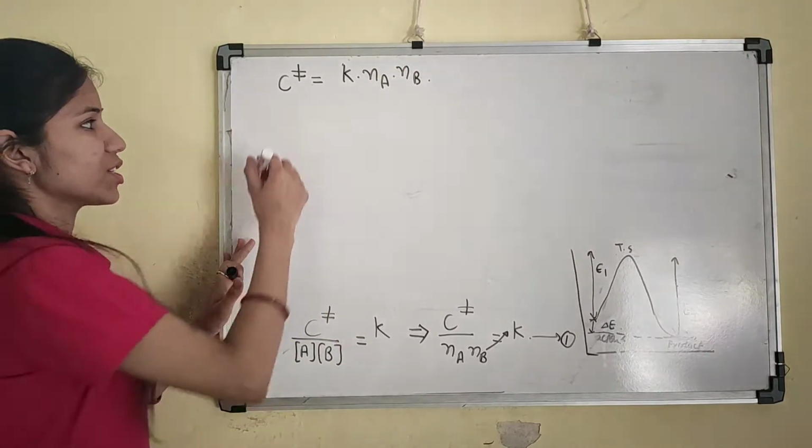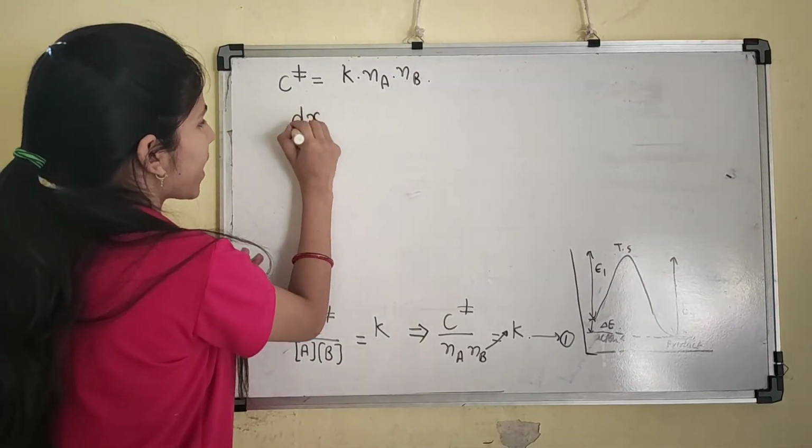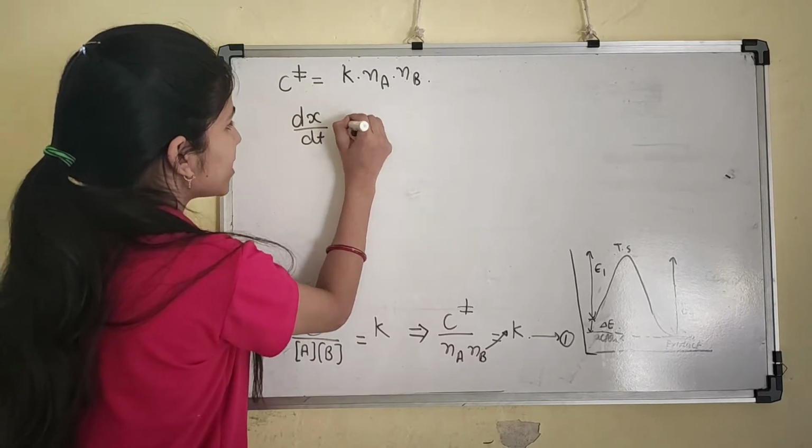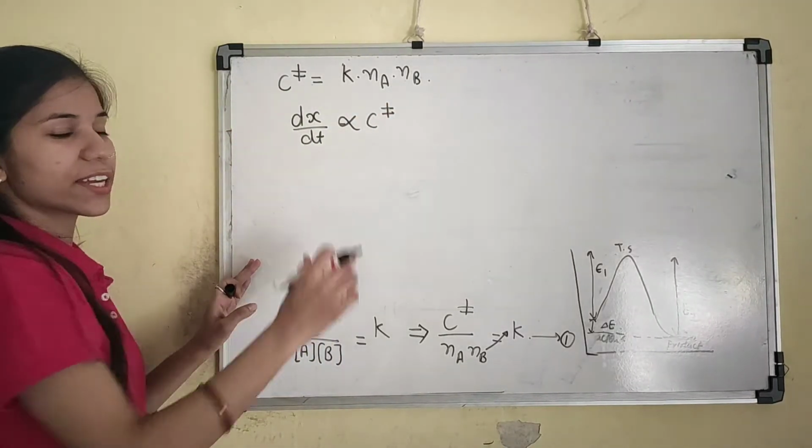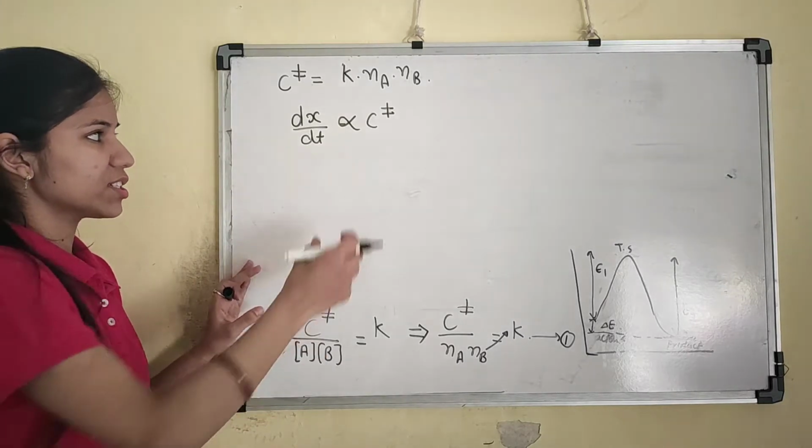From the rate of reaction, this can be written as dx by dt is directly proportional to C star, because the rate of reaction depends on the transition state.